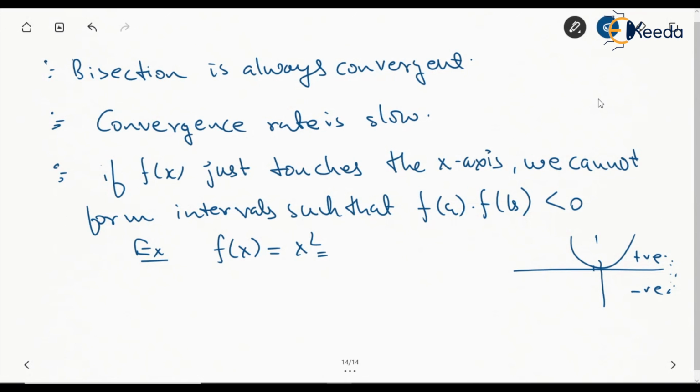But this is not possible because it is not crossing. It is simply touching and then going back to positive values. If it is crossing, then it is possible to take a certain limit, let's say a and then b. Then we are very sure that between this interval we are going to get a root, right? So this is one more disadvantage of this method.